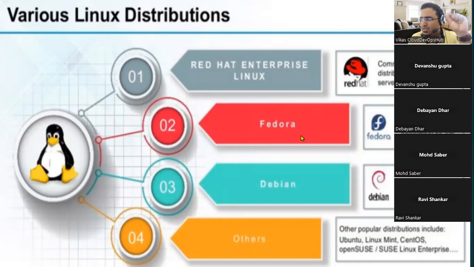Cool. Next, Fedora. Anyone heard about this name, Fedora? Where did you hear it? Just a one line answer I need. What is Fedora? It is also a distribution flavor of Linux. What else? One more point, please. It is also founded by Red Hat, I guess.